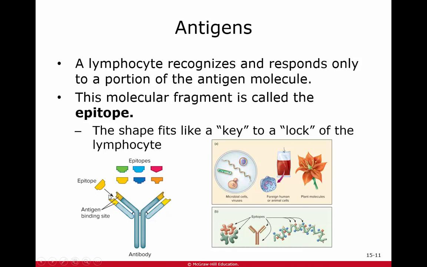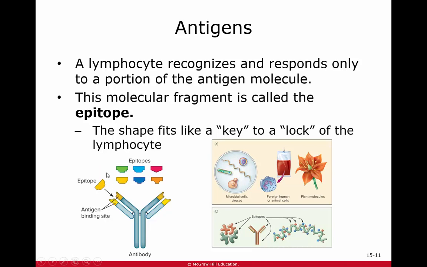But you'll notice it's not very large. It is only the size of that fragment. So a certain epitope would bind in here, and if it binds and fits in, then that antibody recognizes that this is a part of that antigen that it needs to carry out an immune response for. It's not the entire antigen that binds, it's just a part of it. It's called the epitope.